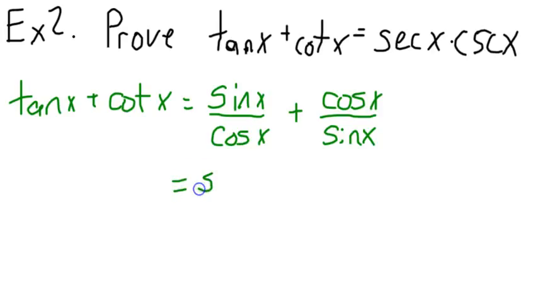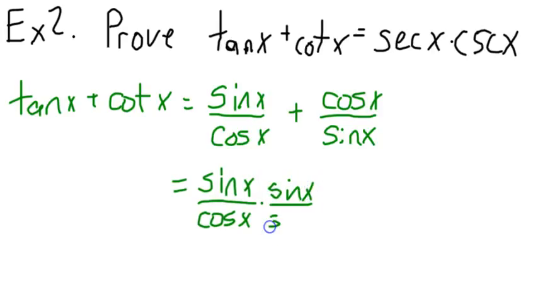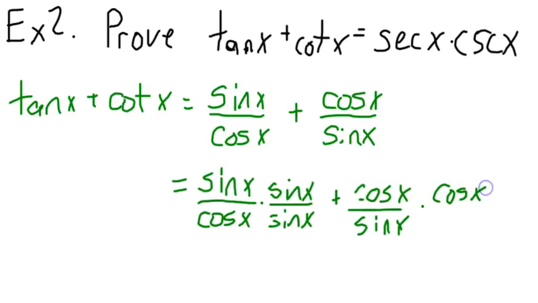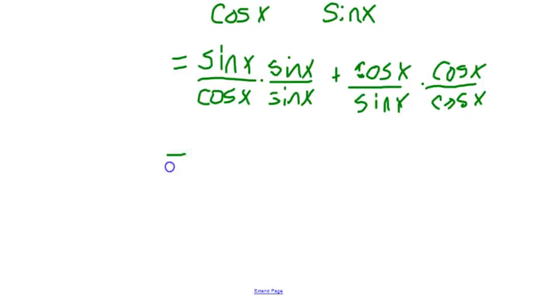So this is equal to sine x over cosine x, and I'm going to multiply by sine x over sine x. Our common denominator is going to be cosine x sine x, plus cosine x over sine x, and we need to multiply this by cosine x over cosine x. Now if we want to simplify the numerators, sine x times sine x is sine squared x.